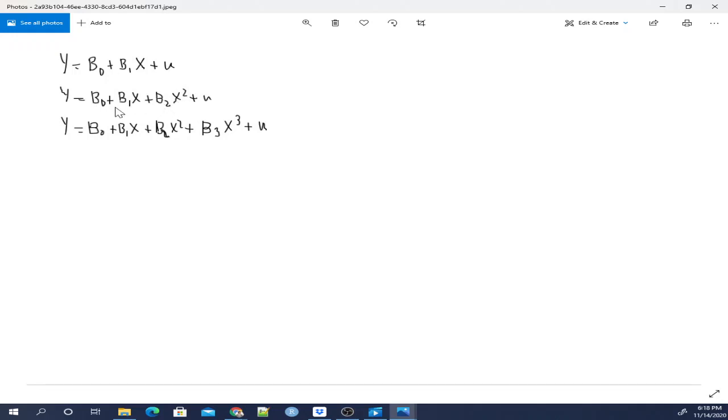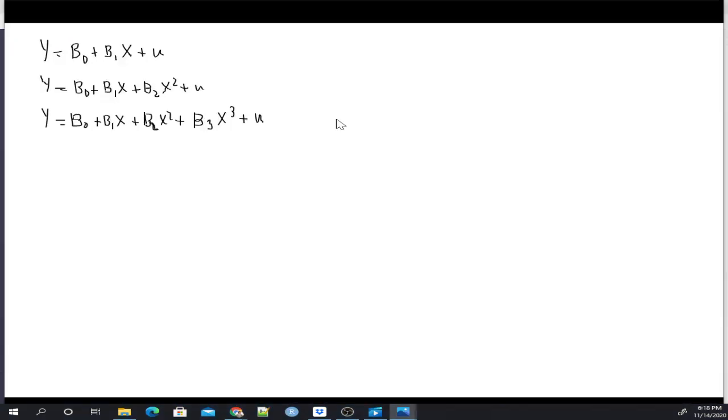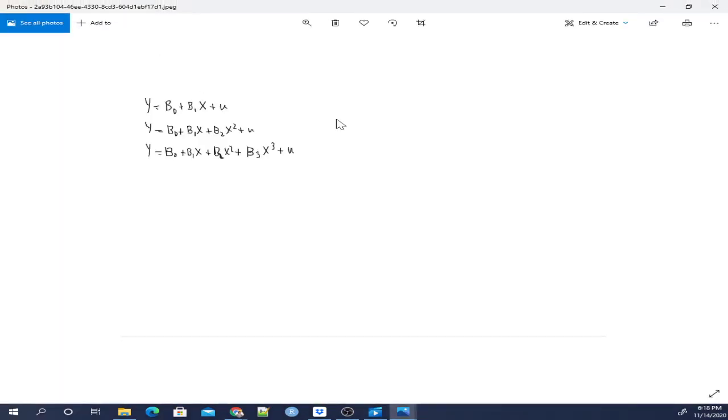So you're adding beta 0 plus beta 1x plus beta 2 times x squared into the model. And then for the cubic, you go to the next level and add a variable, which is beta 3 times x cubed. So now that we've gone over this, I think we're ready to head into Excel to actually produce these different types of models and judge between the 3.